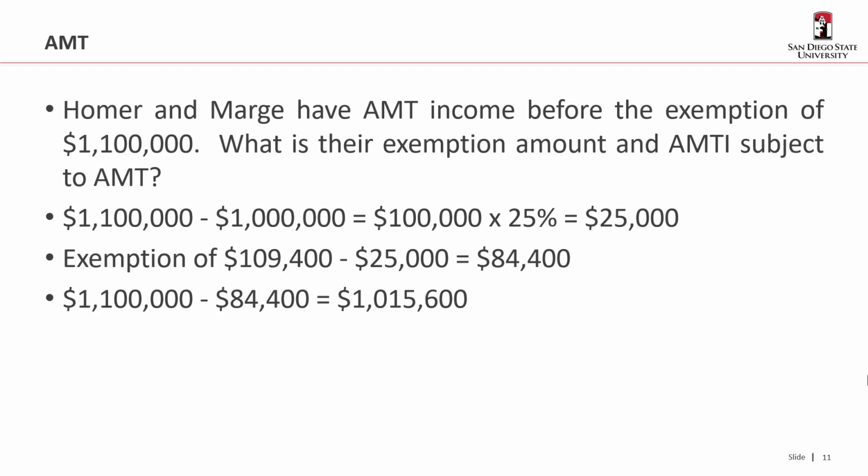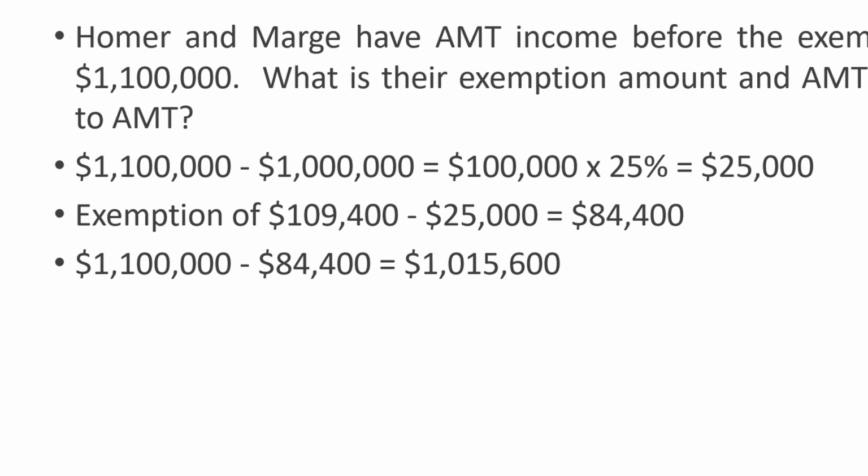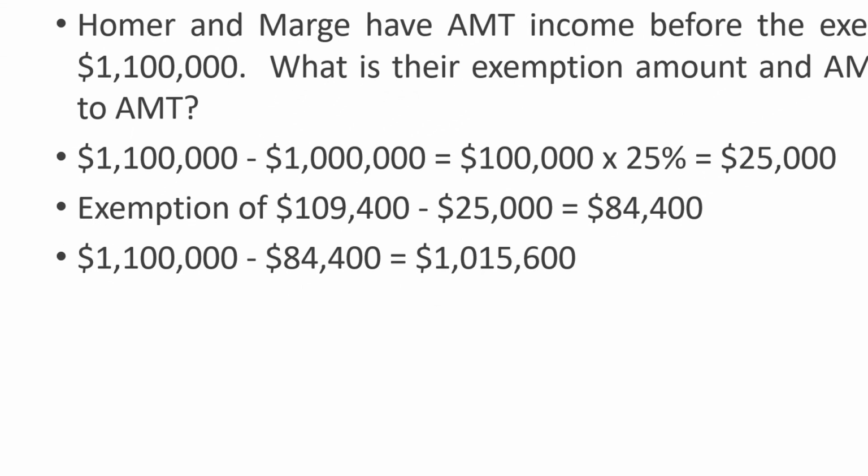So Homer and Marge have AMT income before the exemption of $1.1 million. Let's see if we can calculate their exemption amount and the AMTI that would be subject to the alternative minimum tax. So recall that the exemption starts its phase out at $1 million. So at $1.1 million, we're $100,000 over that. The exemption is phased out by a quarter for every dollar over the threshold.